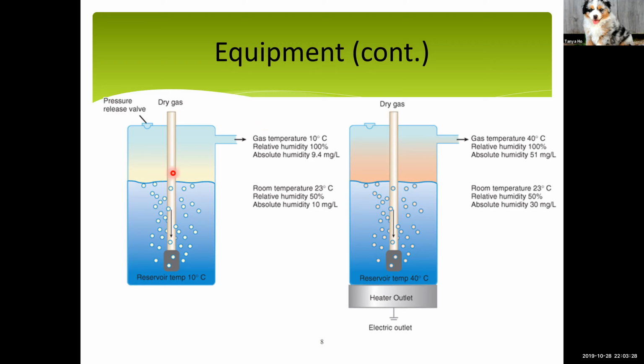And so clearly at high flows, your output would be less because the time of contact would be slower. So for example, if this bubble comes out and it's like that, and then it would go out, it would pick up a certain amount of humidification.